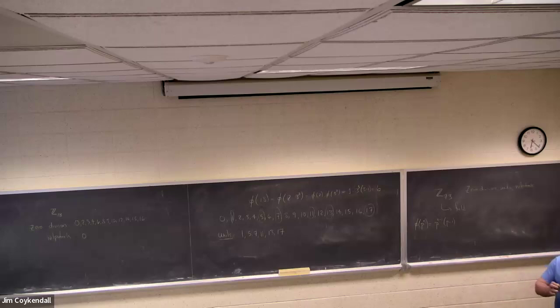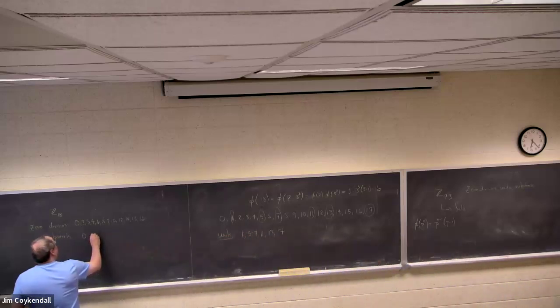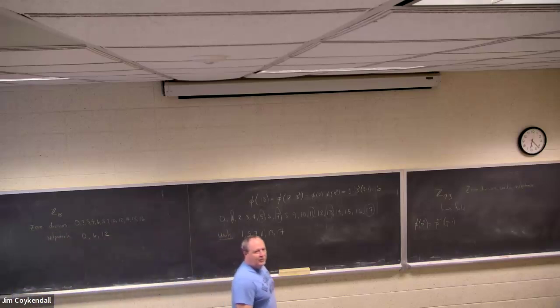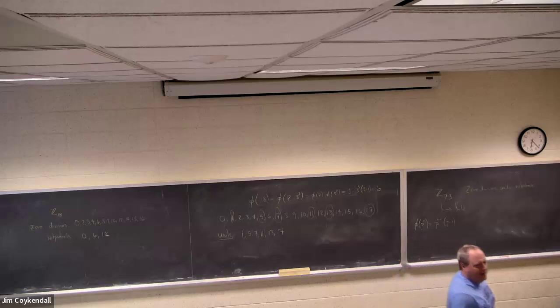So you need stuff with both a 2 and a 3. Anything, if a big enough power is divisible by 18, it had to have had a 2 in it and a 3 in it, right? And that's enough. Those are your 3 nilpotents.